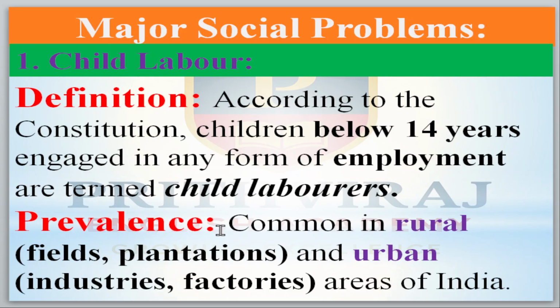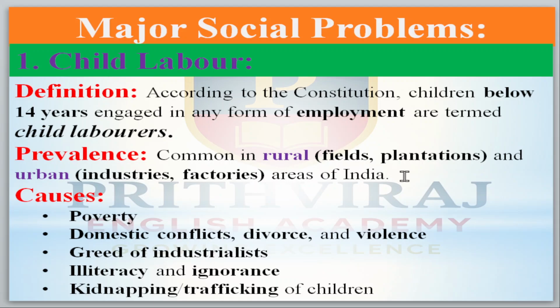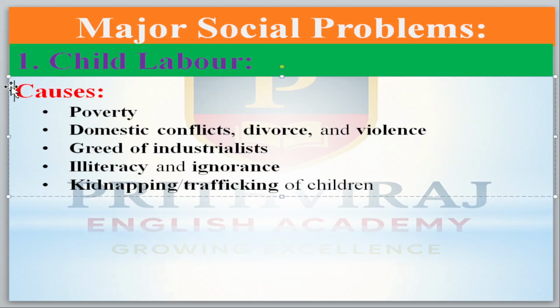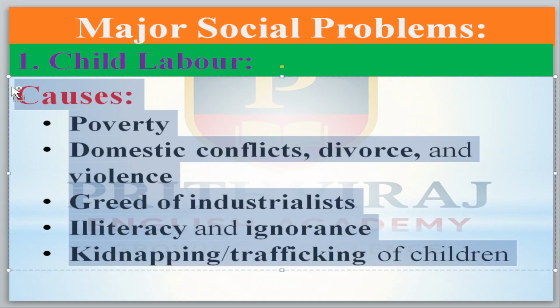First we came to know the definition. Now come to the prevalence. It is common in rural areas, especially fields and plantations, and in urban industries and factories of India. Now come to the causes.